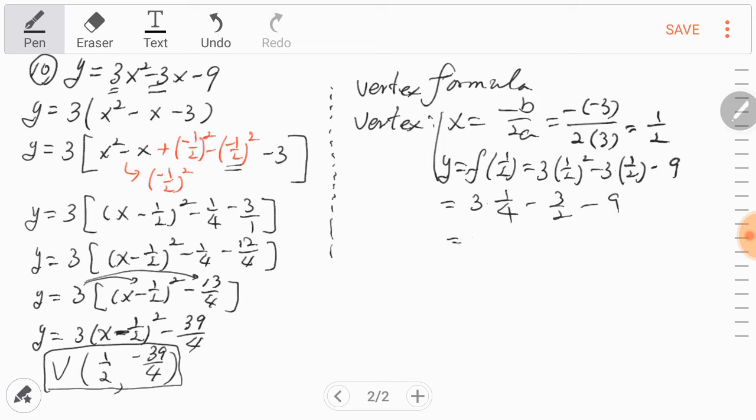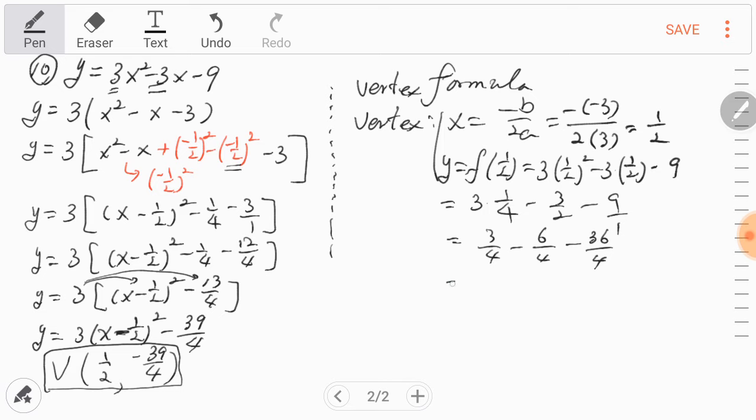Then that is equal to 3 over 4 minus, multiply 3 over 2 by 2, then 6 over 4, minus, multiply 9 by 4 is 36 over 4. Multiply both top and bottom by 4.